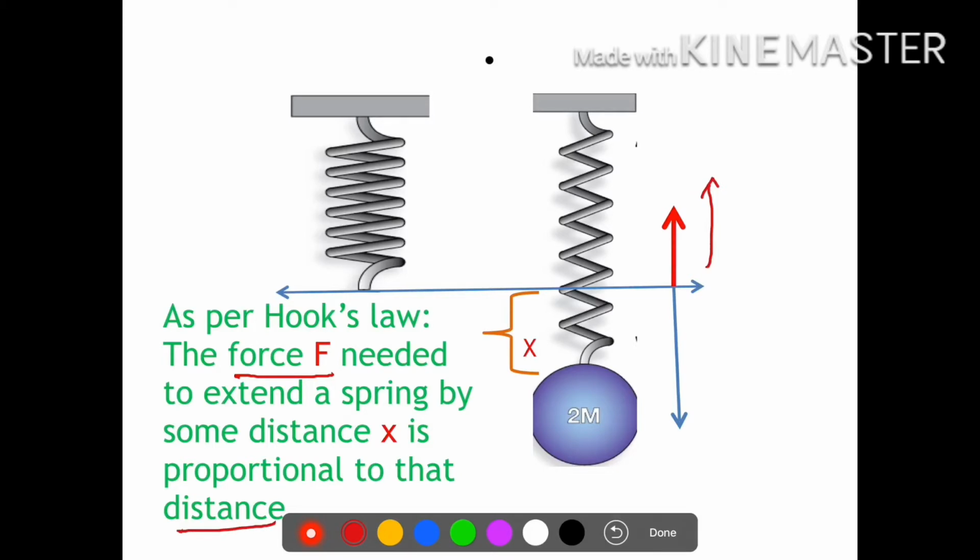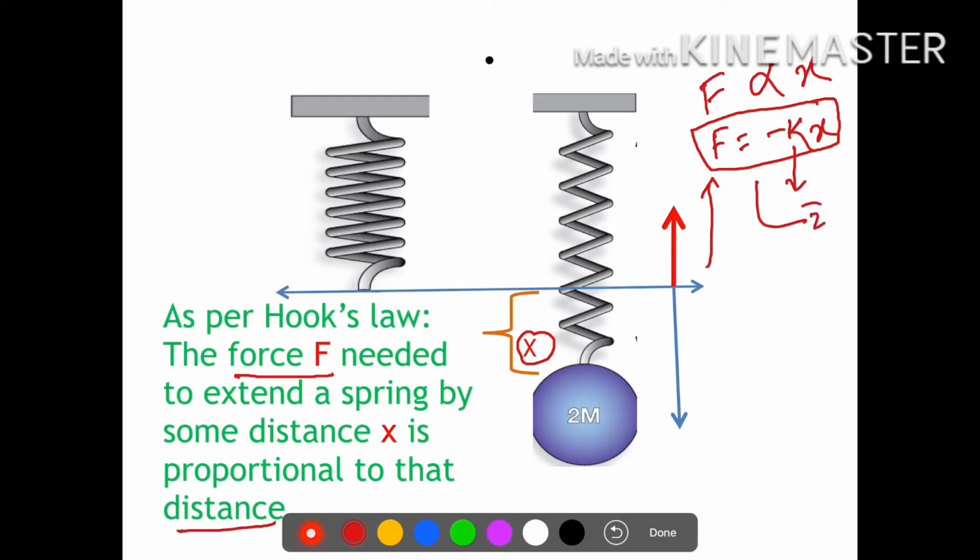That means F is proportional to x. So if we put the proportionality constant, F will be equal to minus kx, where k is the proportionality constant, or I can say the stiffness of the spring. This is, suppose, equation number 2.